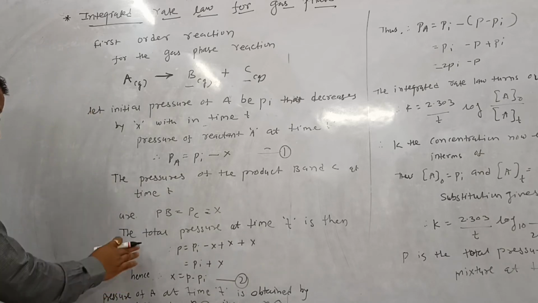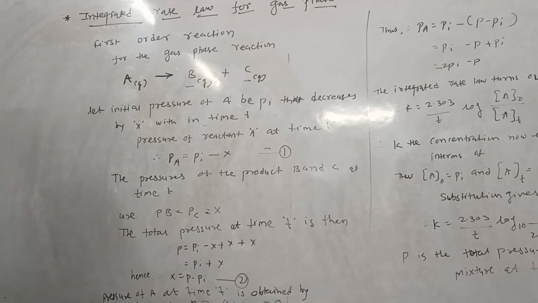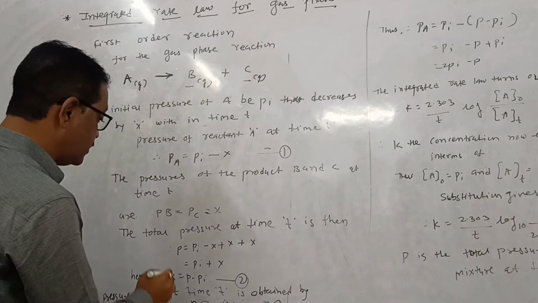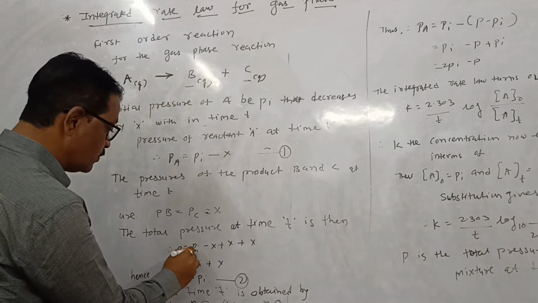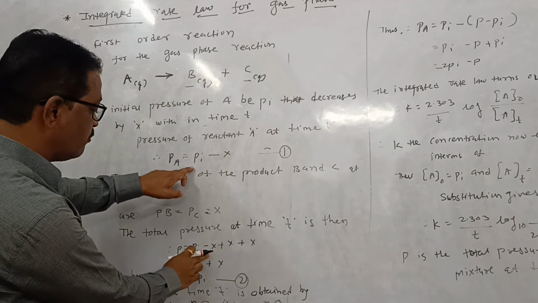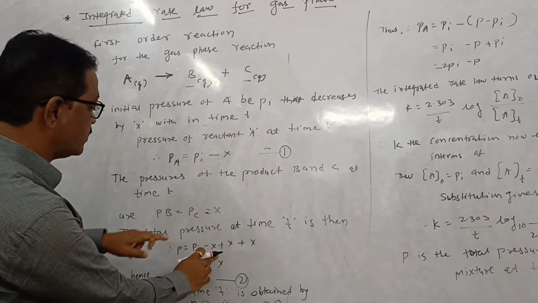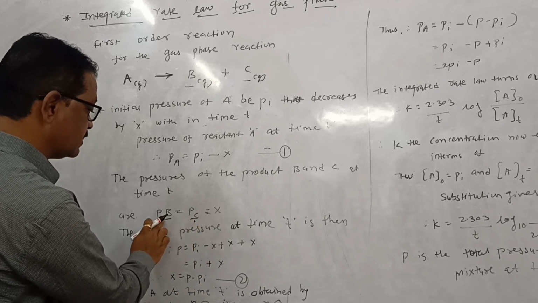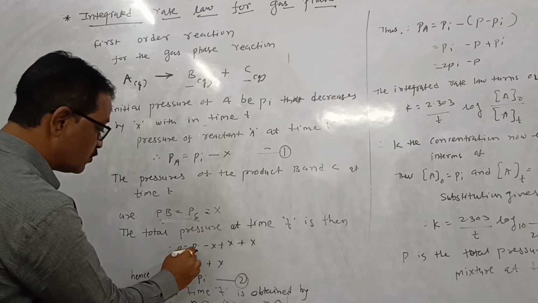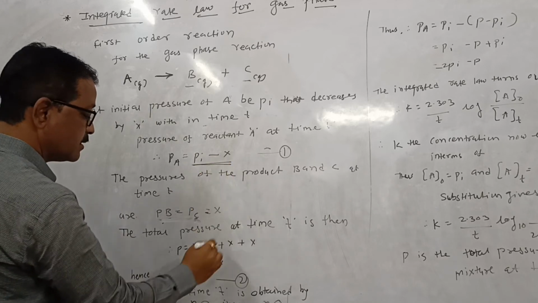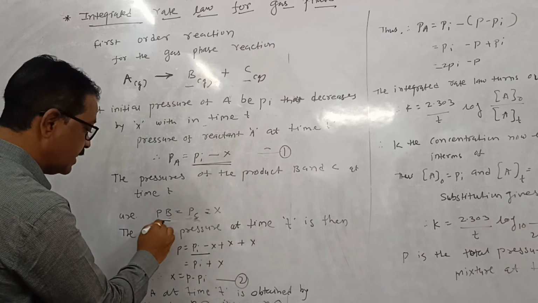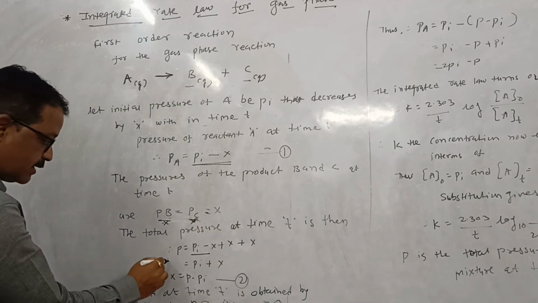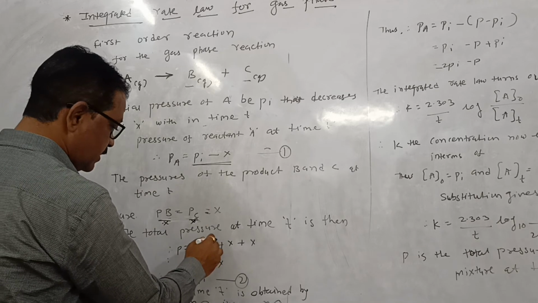The total pressure at time t is then P. Therefore, P is equal to Pi minus x plus x plus x. Then minus x plus x cancel.